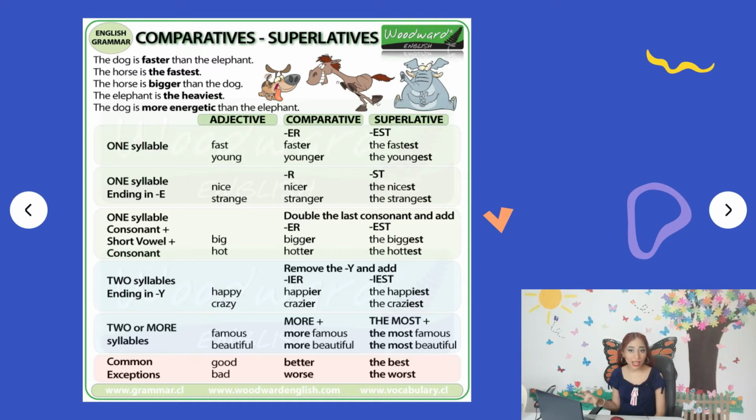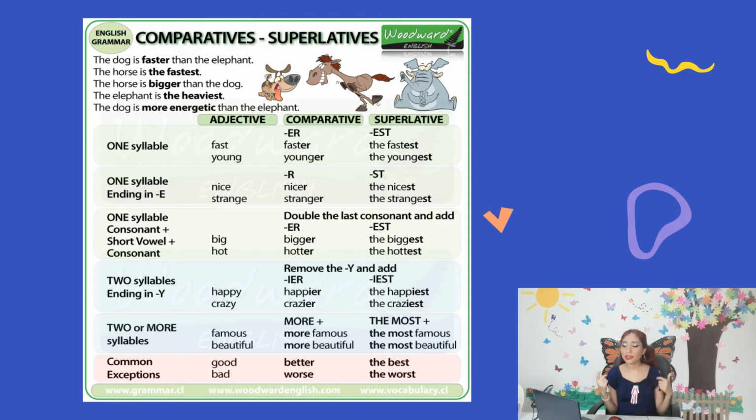Of course an elephant is heavier than a dog and heavier than a horse. So between these three animals, the elephant is the most heavy, the heaviest. Superlative, because we're comparing the elephant with the dog and the horse.